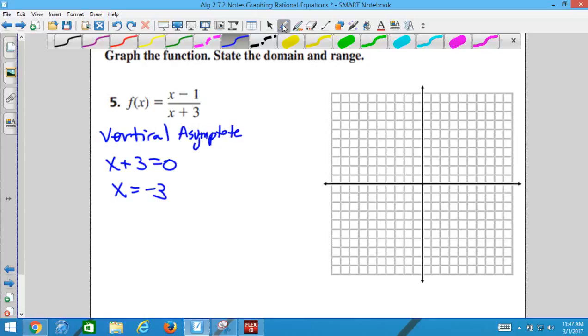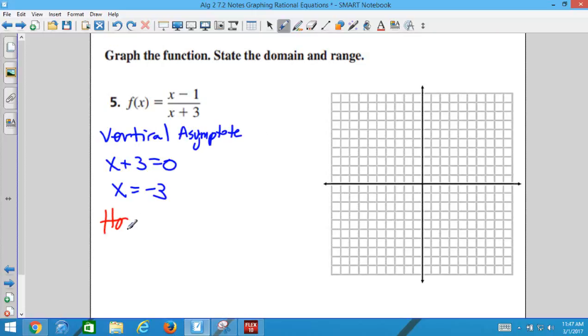And then the horizontal asymptote, just find the x. For the horizontal asymptote, we put the numbers in front of the x's on top of each other. Y equals 1 over 1. So y equals 1.